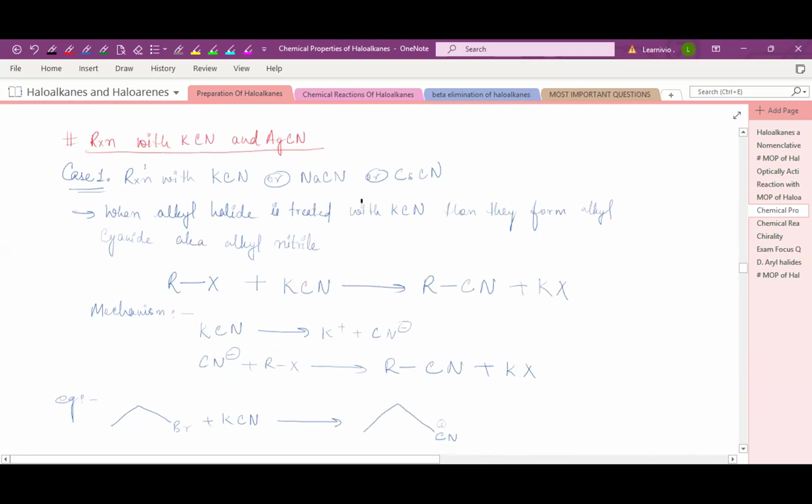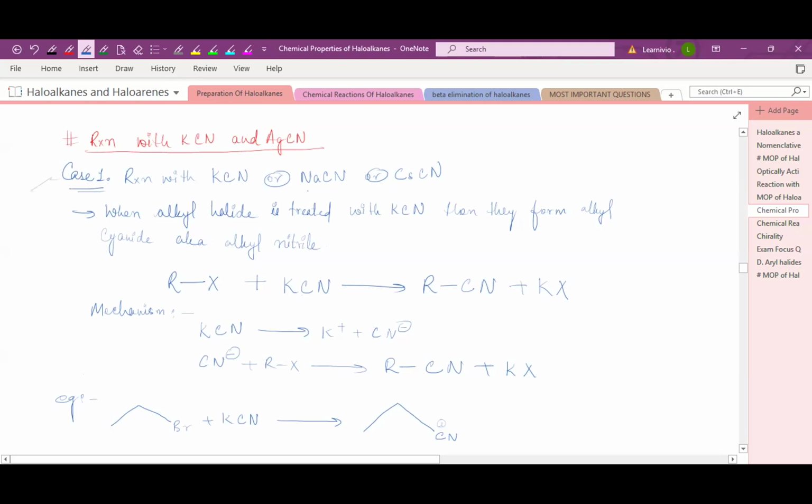They just ask you the reaction with KCN and AgCN. In these two cases, you will get different products. The first case is reaction with KCN or NaCN.